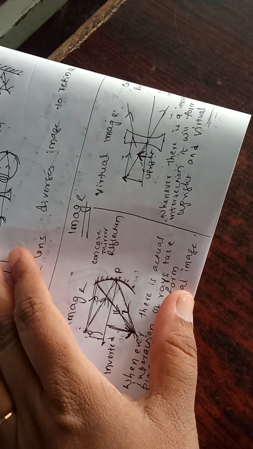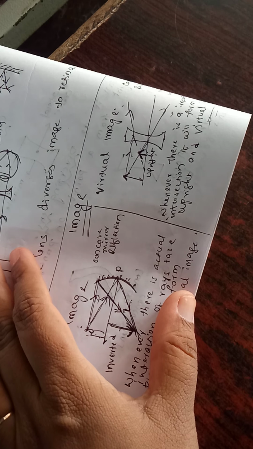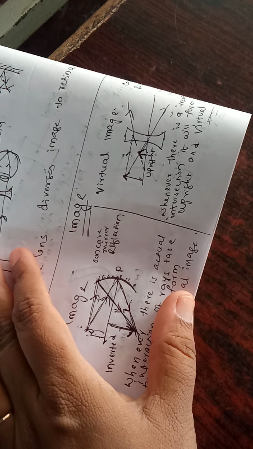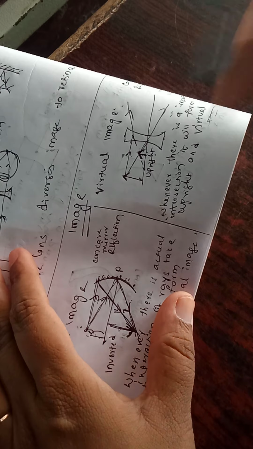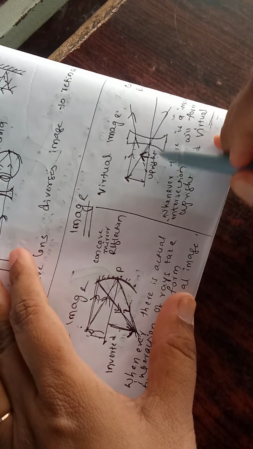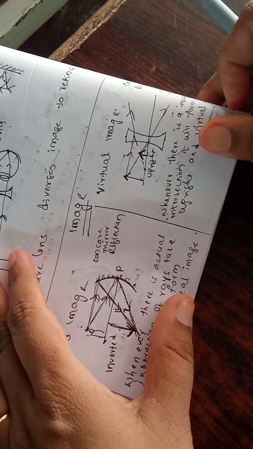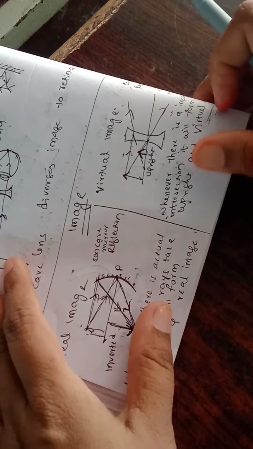Virtual image means here rays appear to diverge, or an imaginary intersection takes place at a particular point, and here the image formed will be upright. So that we call a virtual image. Now let us go for some definitions related to this. Okay.